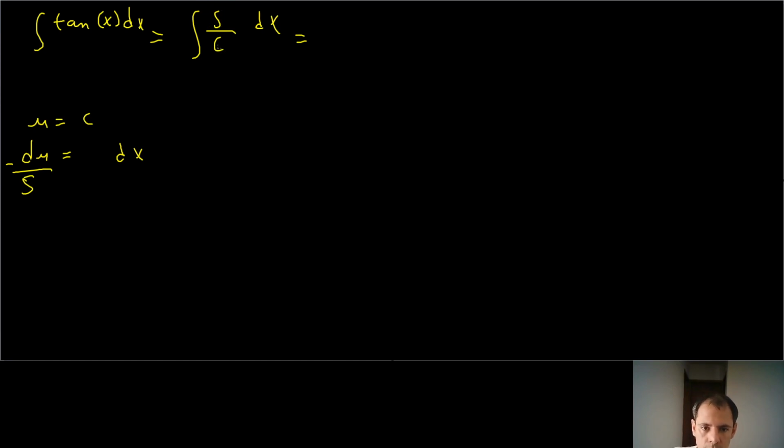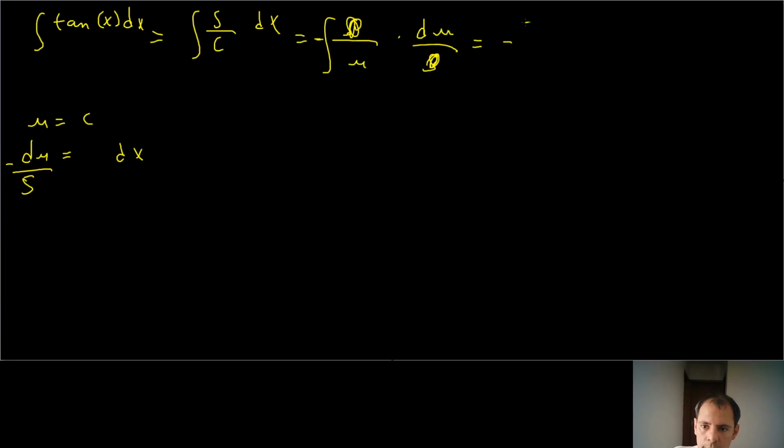So we do this. This equals the integral of the sine divided by u. What is dx? Minus du over sine. I'm going to take the minus out, and then you have du over sine. You simplify this one, okay?